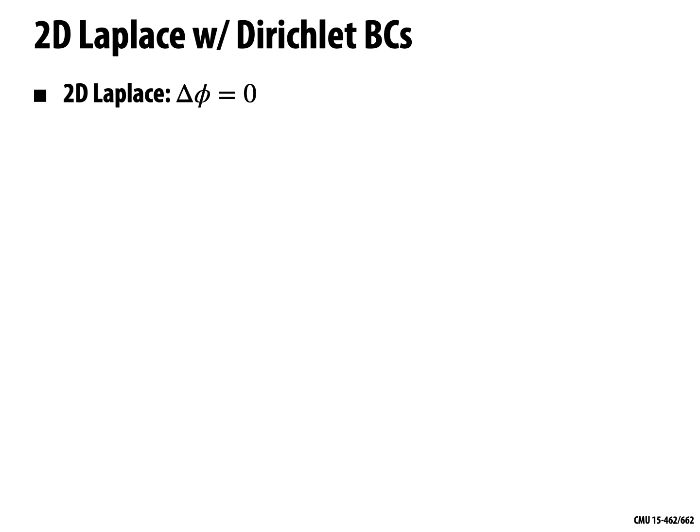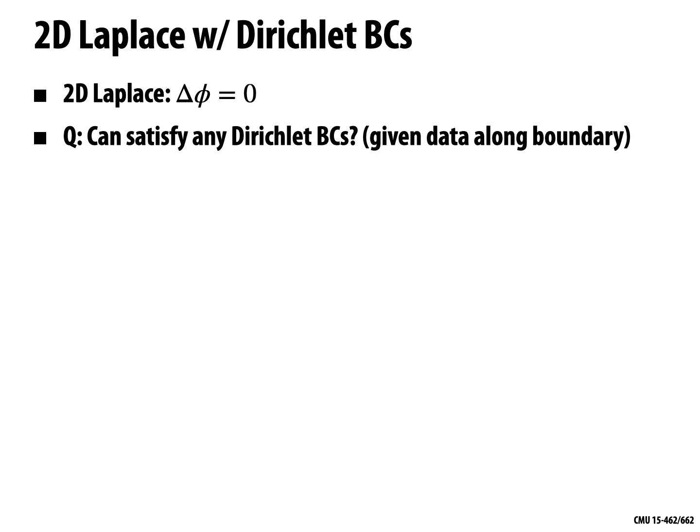And we want to know, can I satisfy any given Dirichlet boundary conditions? For instance, maybe I'm on a circular disk and I've prescribed some temperature values on the boundary, and now I want to interpolate those temperature values onto the interior. Can I always find a function phi that's harmonic, so Laplace phi equals 0, and has the given boundary data?